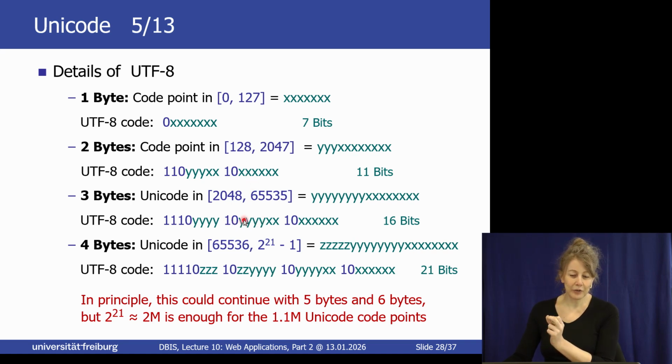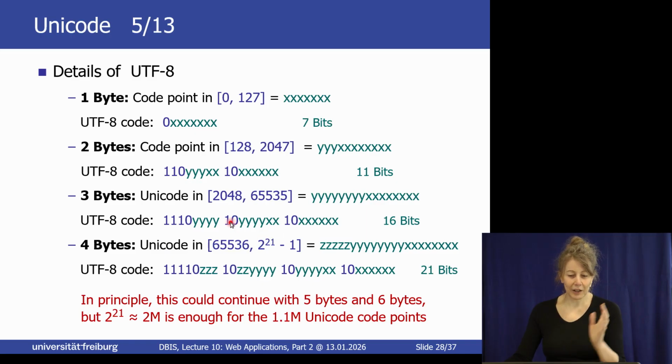If the 2 most significant bits are 1, 0, I know that I'm in the middle of a UTF-8 sequence, but not the first byte, because the first byte starts with some 1s and then a 0, and here it's no 1s, right?